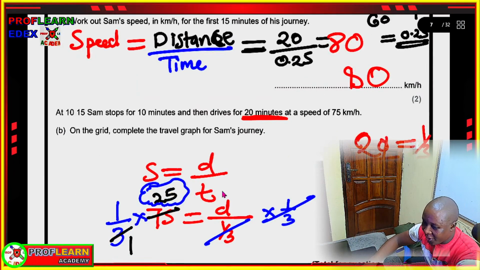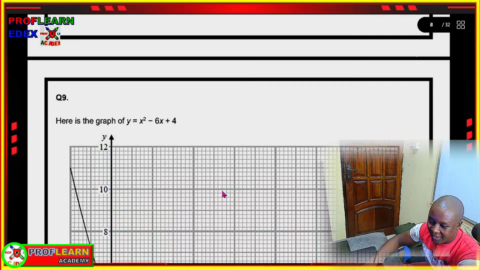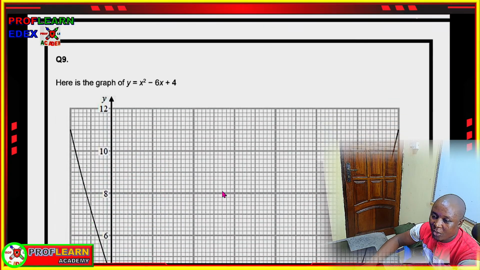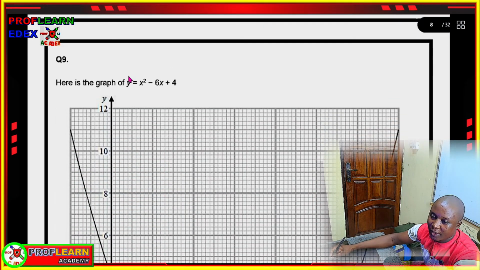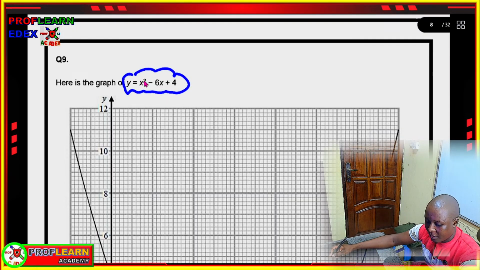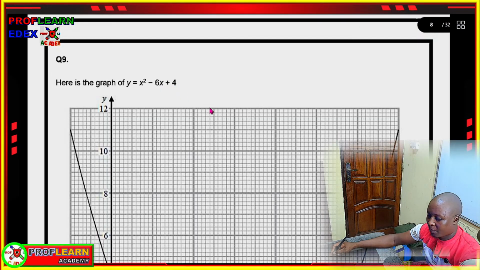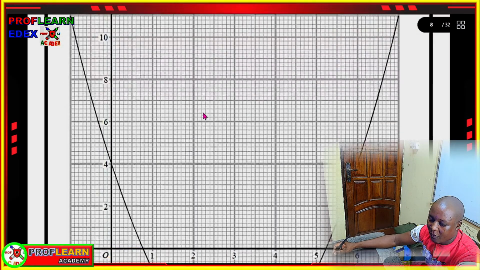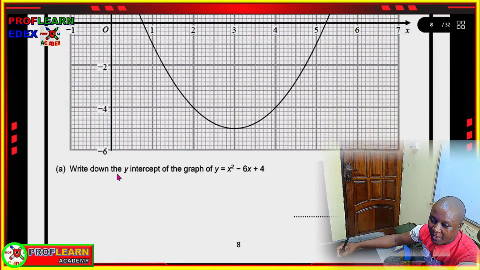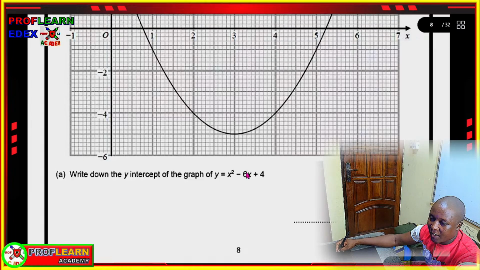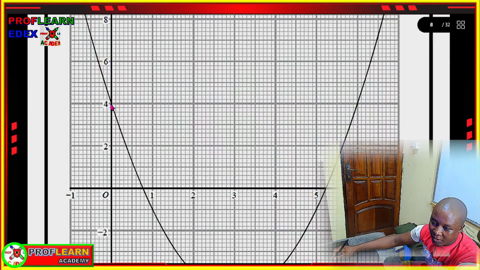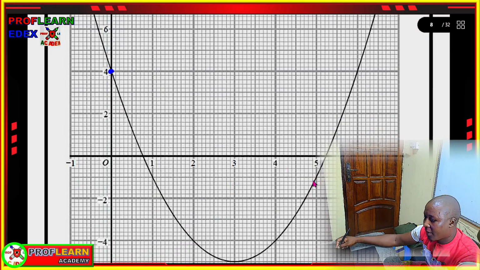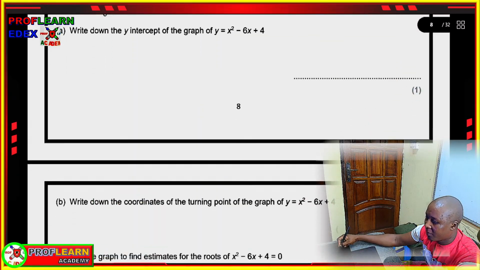Yes, so for those taking the foundation paper, we have question number 9, and we are told that here is a graph of x squared minus 6x plus 4. Write down the intercept of the graph. The intercept is this value that we have here, and that is going to be 4.